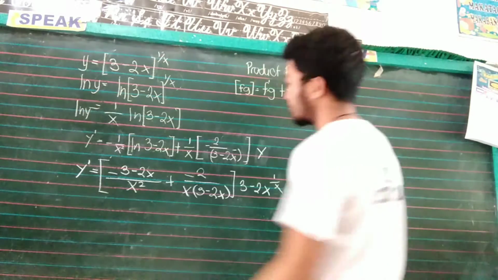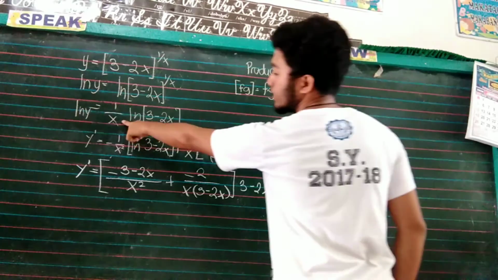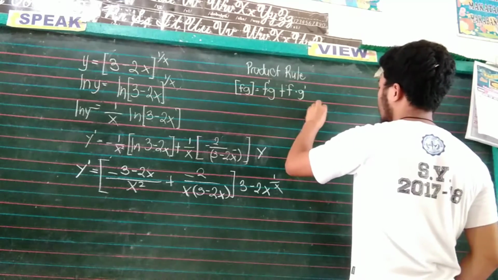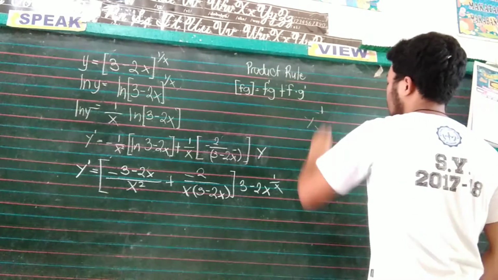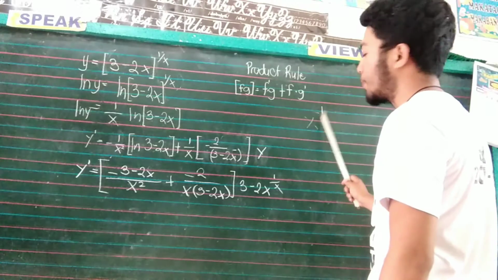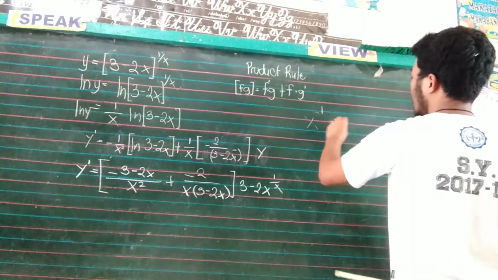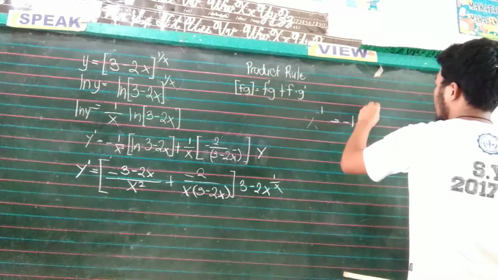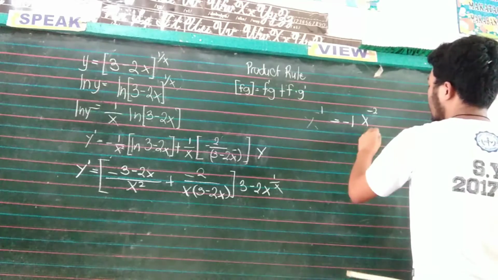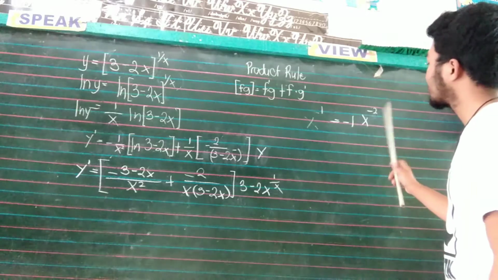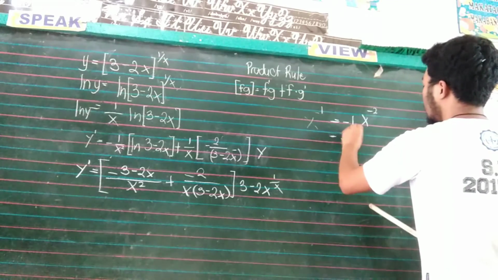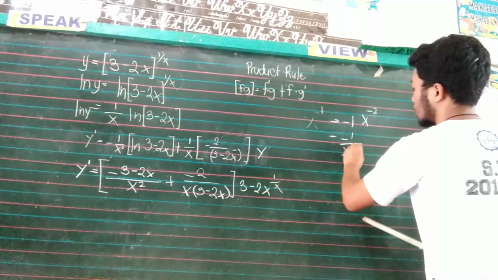Notice that 1 over x is equal to x to the negative 1. So we need to use the power rule. So it will become negative 1 times x to the negative 2. So since we have the negative exponent here, it will become negative 1 over x squared.